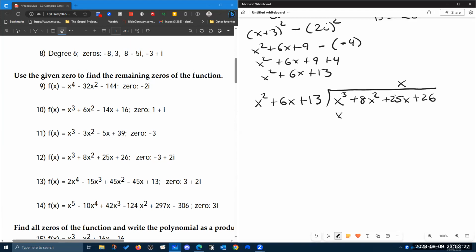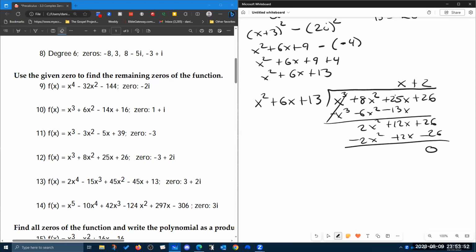X cubed, 6x squared, 13x. Change our signs and add. And this is going to be plus 2. Change our signs and add.